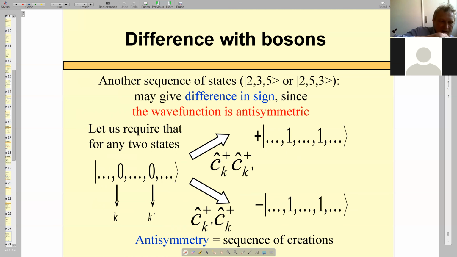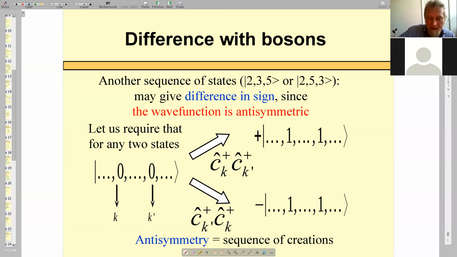And that causes a requirement. Let's see that requirement. Our goal is to make a creation operator. Here it is.